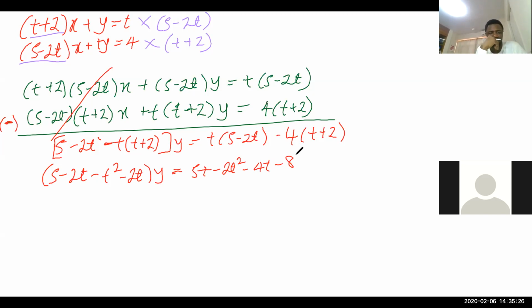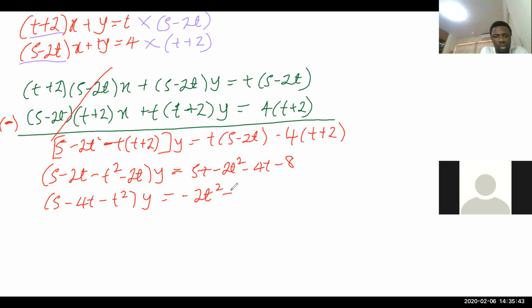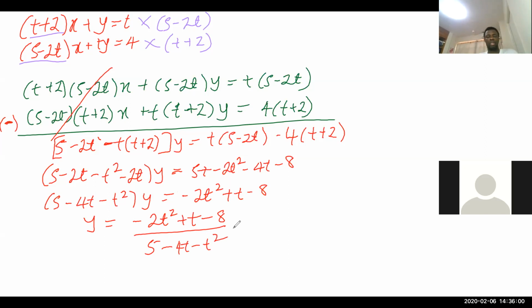Is there a way we could simplify this? Yes. So I can say (5 minus 4t minus t squared) times y, and here negative 2t squared plus t minus 8. So y will be negative 2t squared plus t minus 8 divided by 5 minus 4t minus t squared. Something like that.